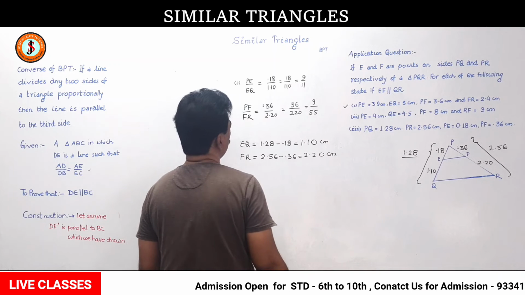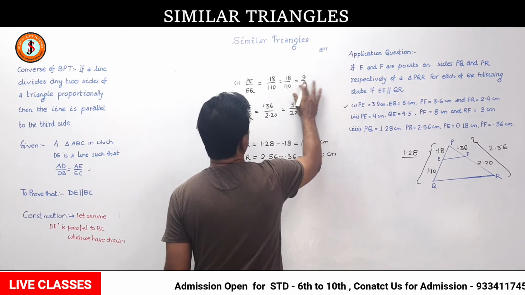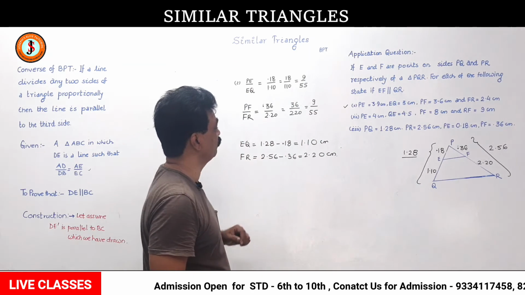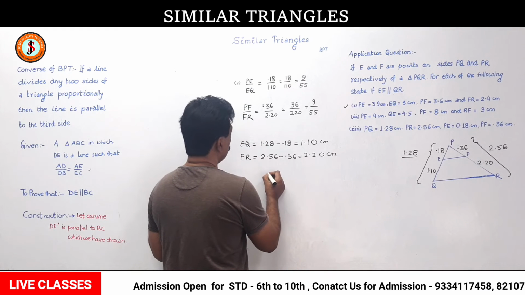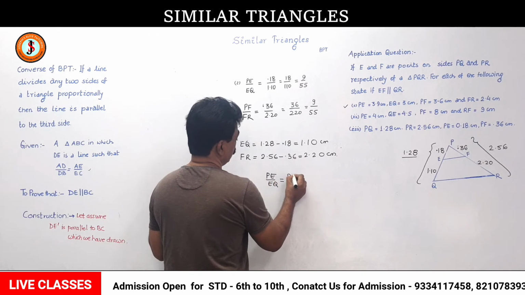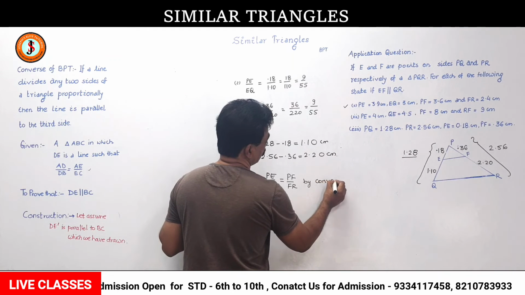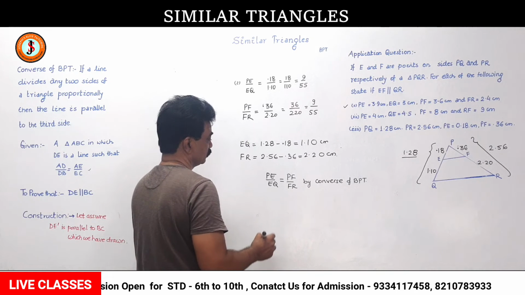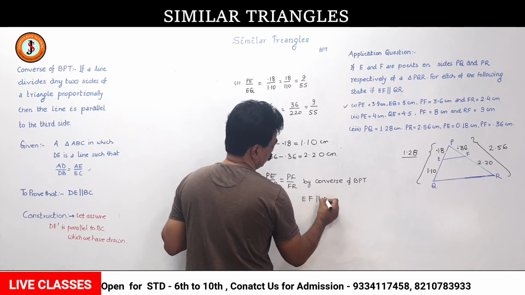Let us see, this is 9 by 55, and 9 by 55. So, PE by EQ is equal to PF by FR. So, by converse of BPT we get EF is parallel to QR.